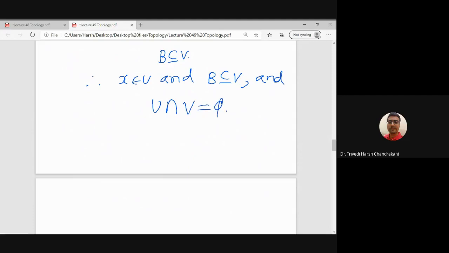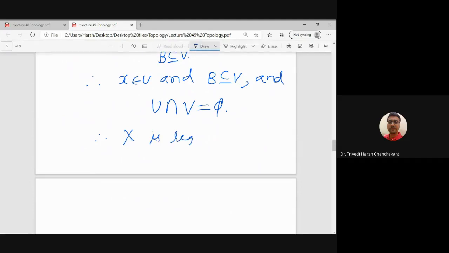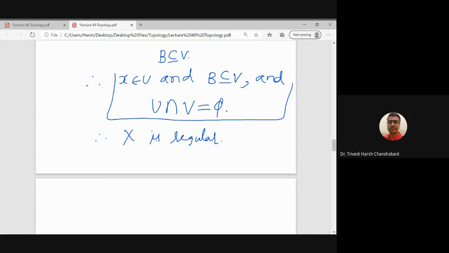So we have all the properties satisfied for a regular space, right? Therefore X is regular, because for every point x and closed set B not containing x, we have open sets U and V which separate x and B.